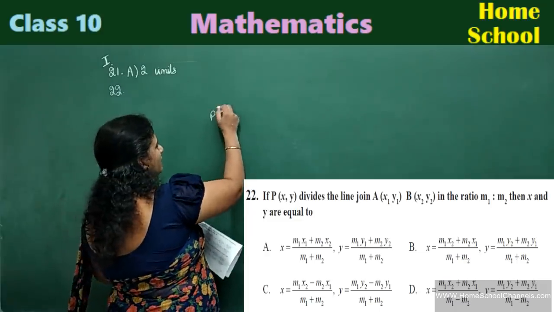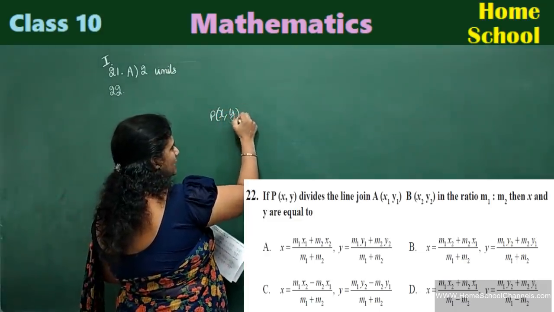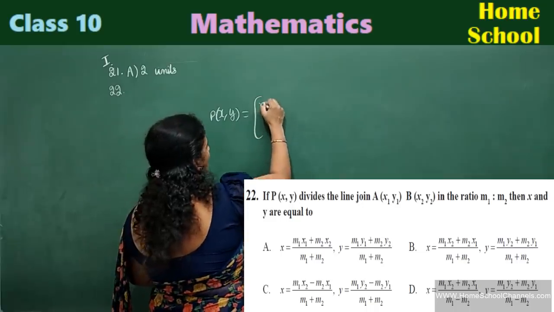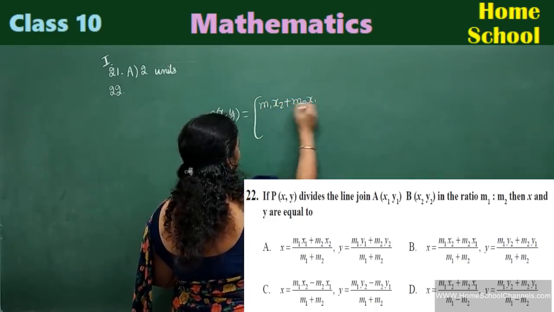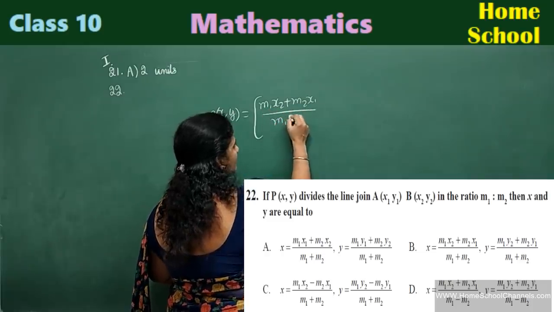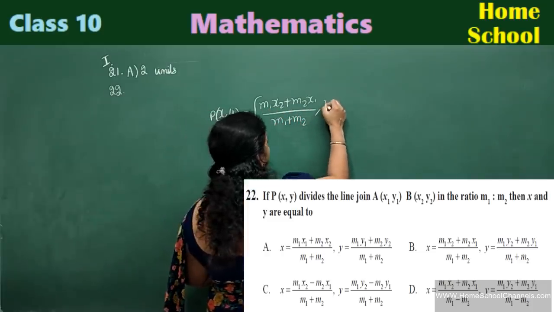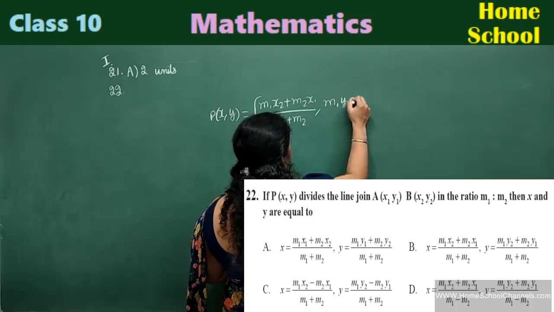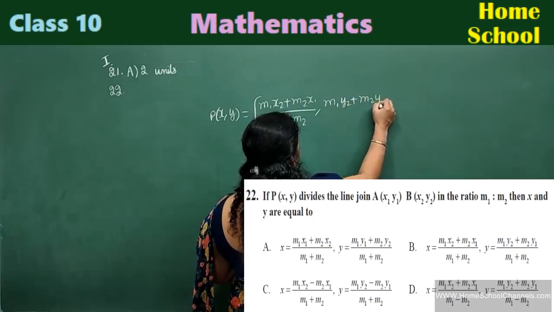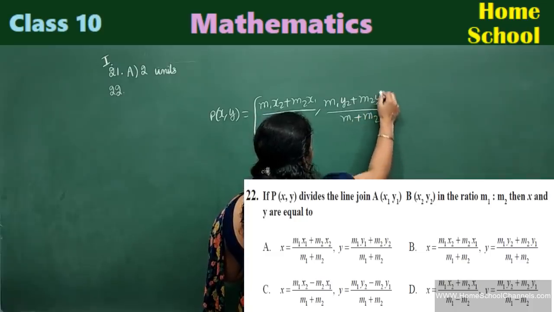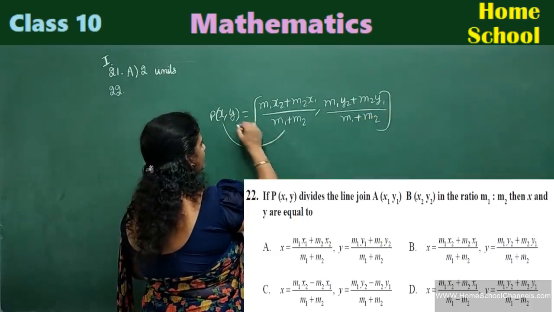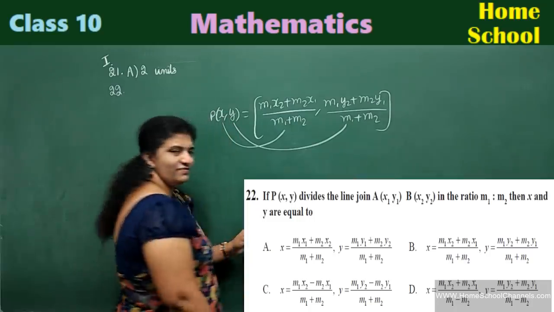That is P(x, y) is equal to (m1 x2 plus m2 x1) by (m1 plus m2), comma (m1 y2 plus m2 y1) by (m1 plus m2). That means x is equal to this and y is equal to this one.